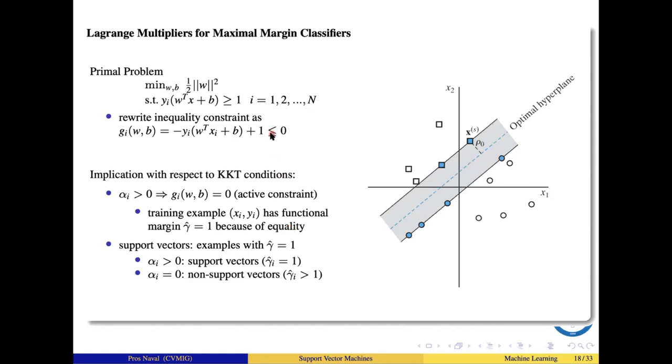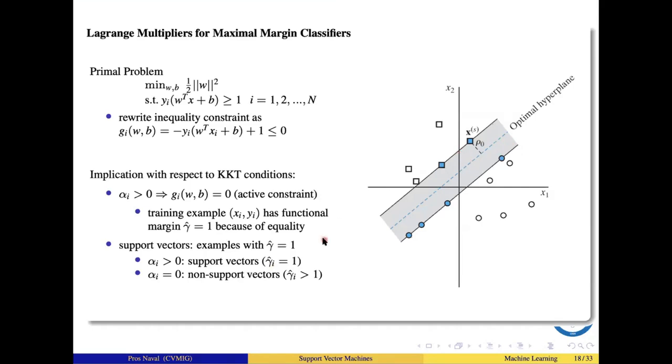So when alpha is not equal to 0, the functional margin is equal to 1.